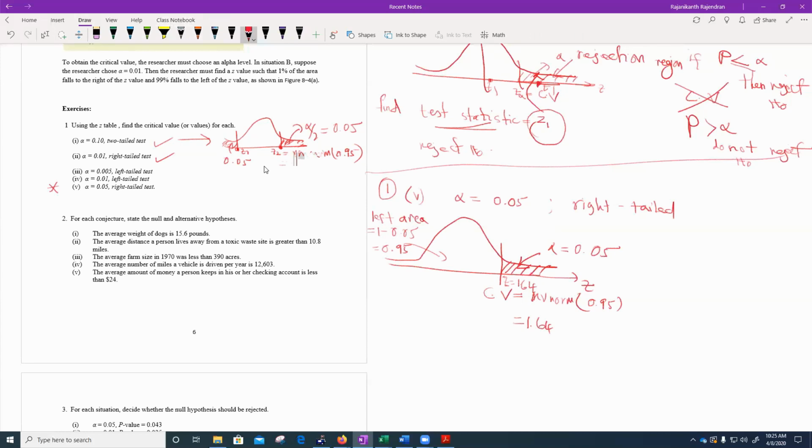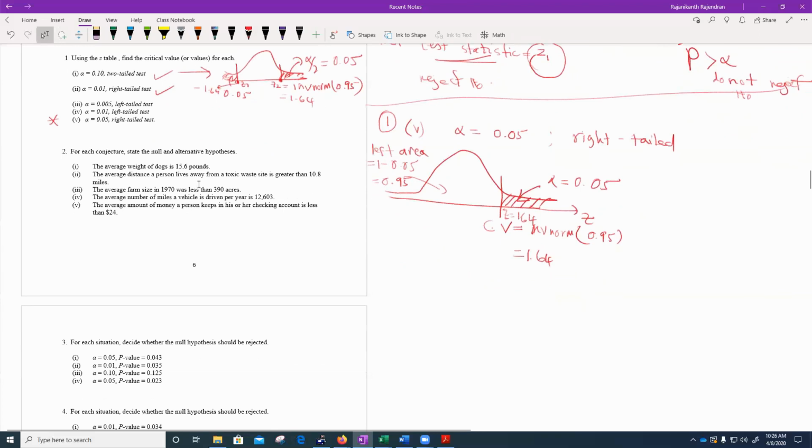So this is 1.64, and that should be negative 1.64, right? Because of symmetry. Okay, so these are the ways to find the critical values.